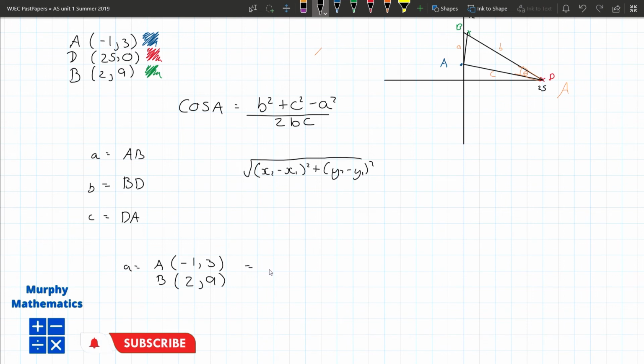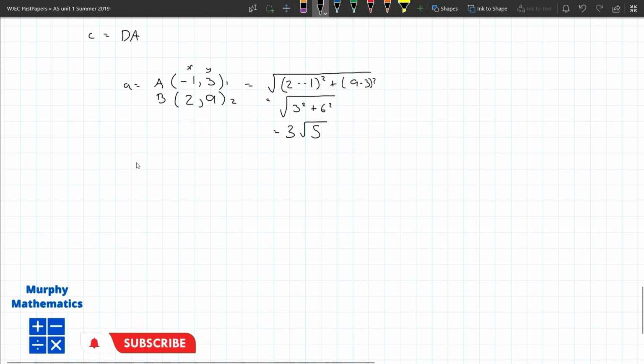So putting that into our formula, I'll just label this x, y, 1, 2. I'm going to have 2 minus -1 squared plus 9 minus 3 squared, which is the square root of 3 squared plus 6 squared. Put that into a calculator, that will be 3√5. Makes sense? Okay.